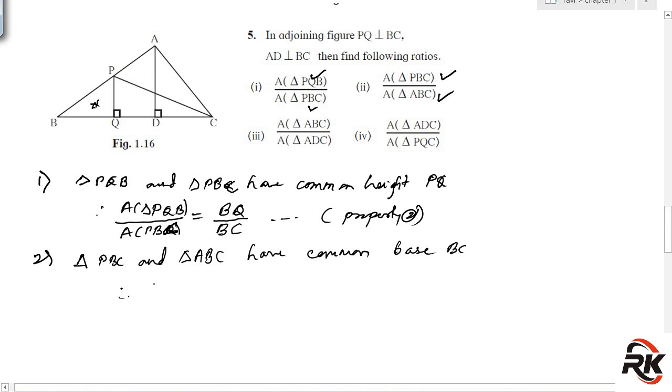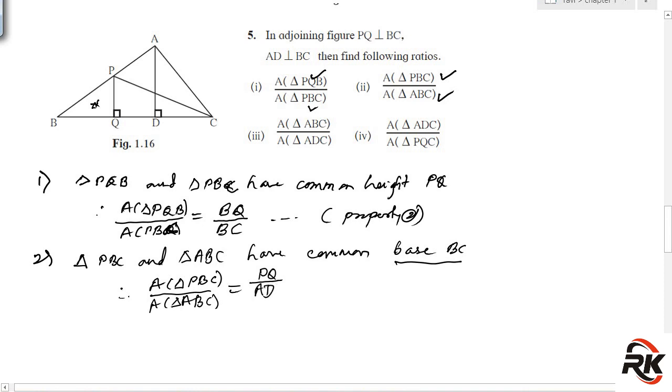Therefore, using third property, the ratio of their areas, area of triangle PBC upon area of triangle ABC, is equal to the ratio of their corresponding heights. Height of triangle PBC is PQ and height of triangle ABC is AD. Means answer is PQ upon AD.